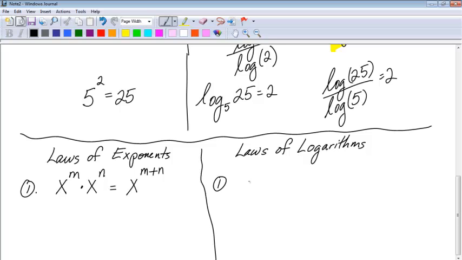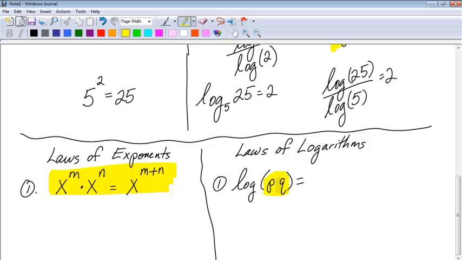First law of logarithms. If I take the log, and different authors use different letters, I do too, the log of, let's say I multiply p times q. If I take the log of the product of two numbers, it parallels this law. If I multiply the monomials, I add the exponents.